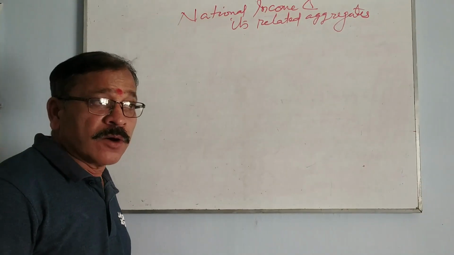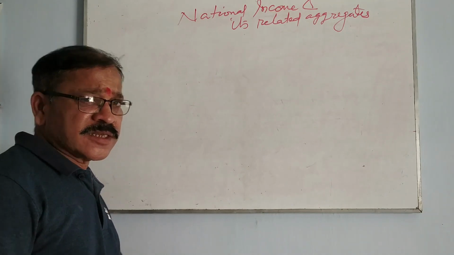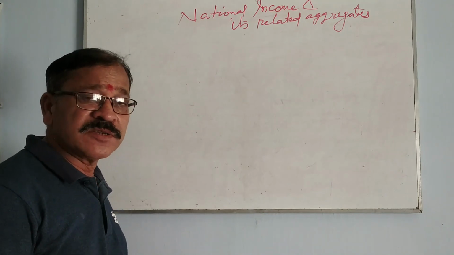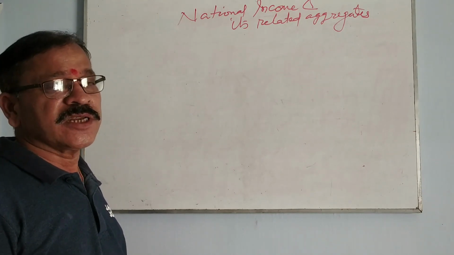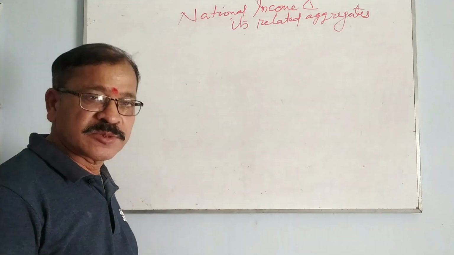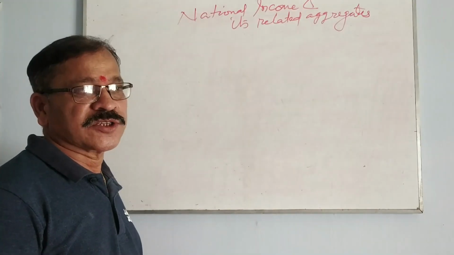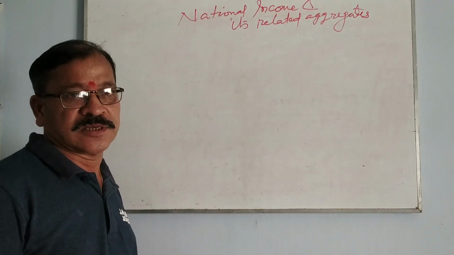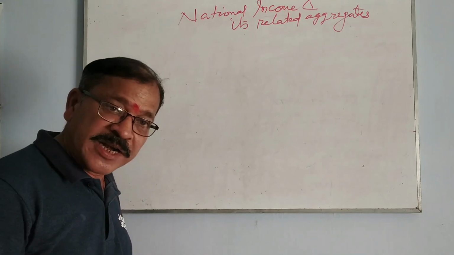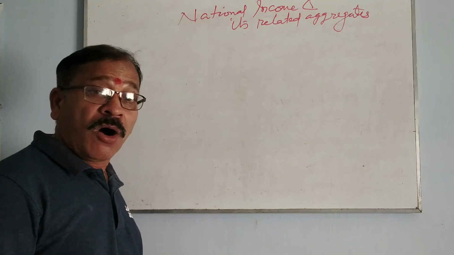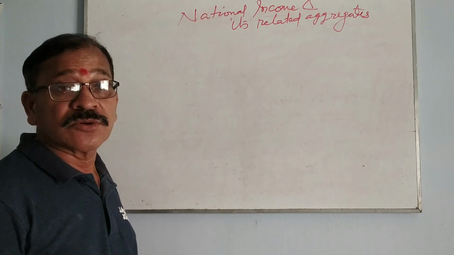Okay. Now we discussed MP and FC. Let us give a small definition of FC. What is FC? FC is nothing but the expenditure incurred by a producer on all factors of production for rendering their services. That is known as factor cost. I am a producer, I am spending money on all factors of production in order to produce a particular item, so that is known as factor cost.